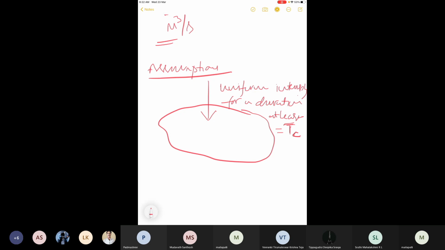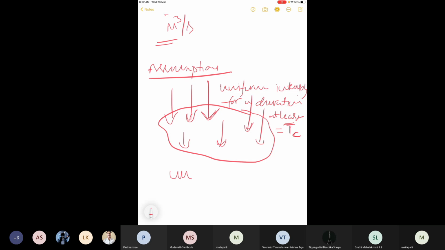And the other thing is that the rainfall intensity should be uniform throughout the watershed, throughout the land surface. Everywhere it should be uniform.